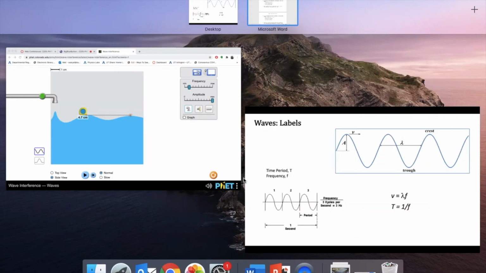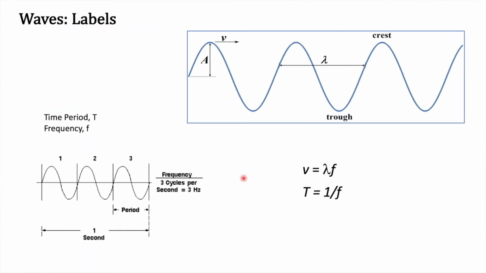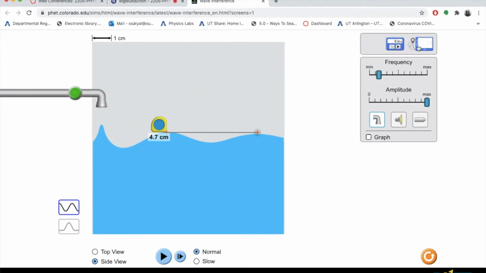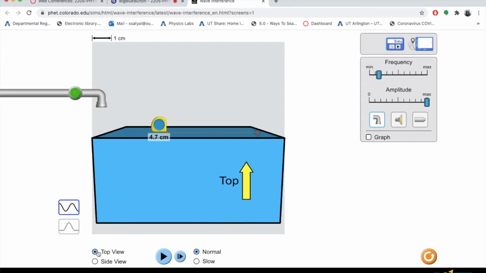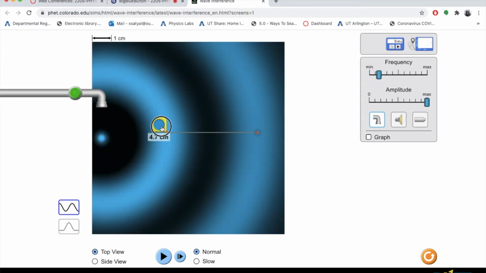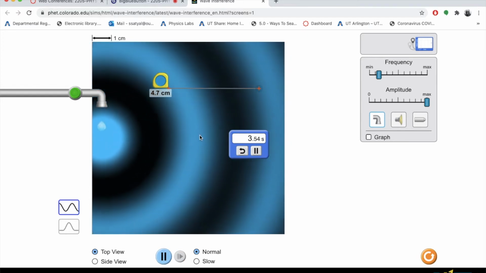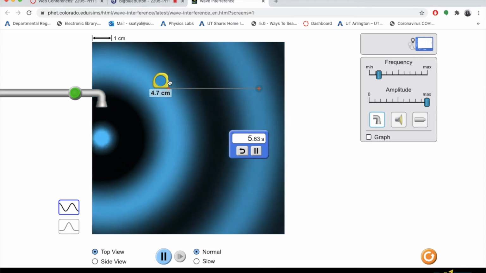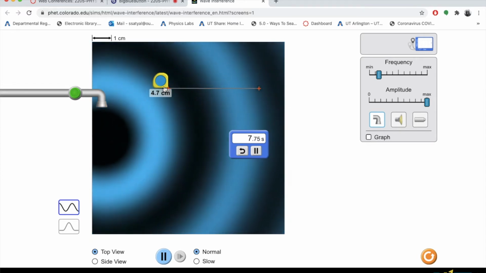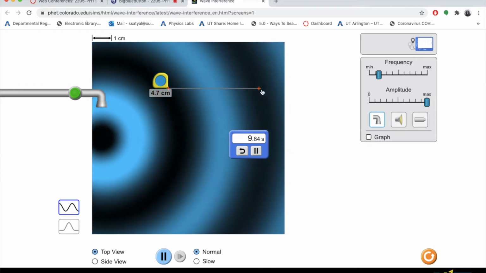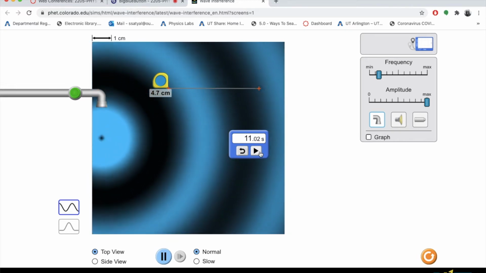You can also use this feature here. I like it this way, move it up. If you want to time it, you can time it, the time it takes for the wave to make one complete cycle up here and stop it.